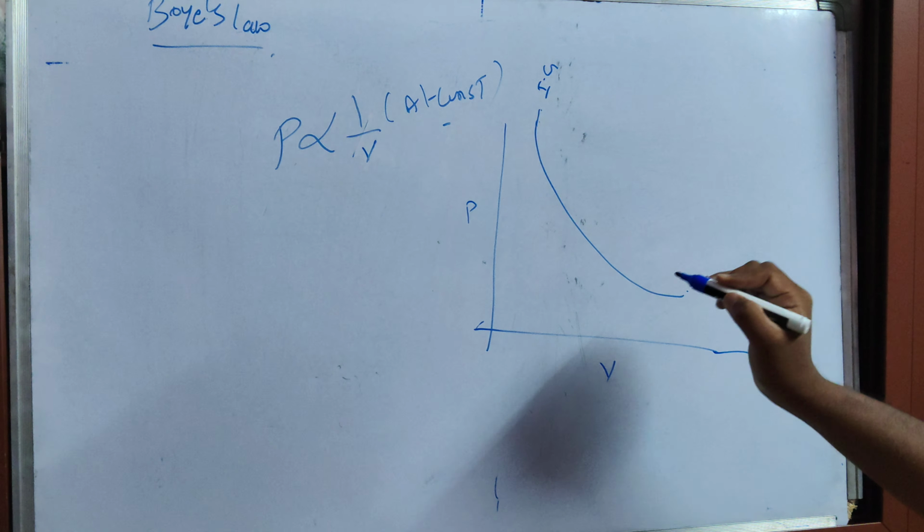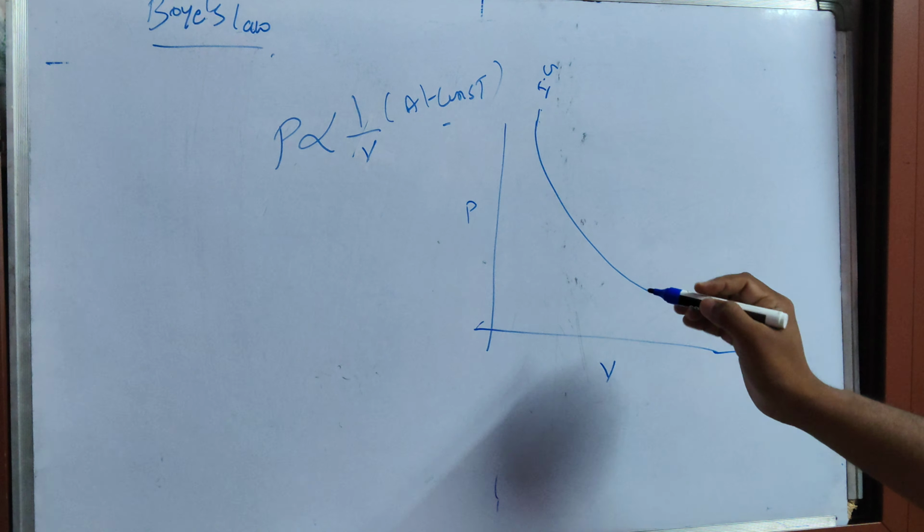This is ideal gas. In case of real gas, the slope is different. This is the graph we have observed in case of real gas.